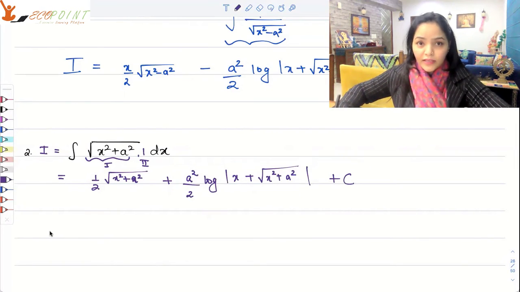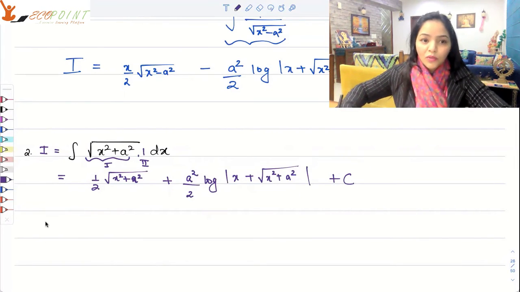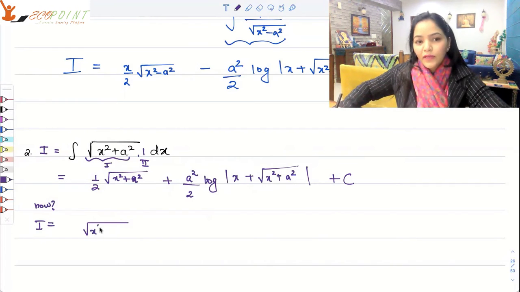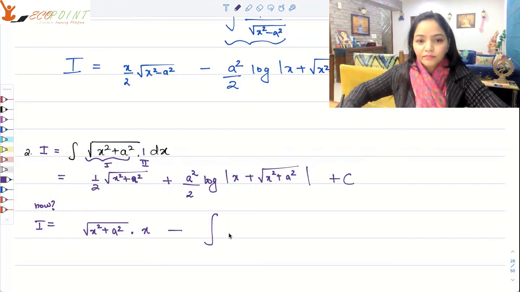I can give you hints if you wish to. So what you will do, you will use by parts. So I will be equal to first as it is. First as it is, so square root of x square plus a square as it is into the integral of second, so into x, minus whole integral derivative of the first.